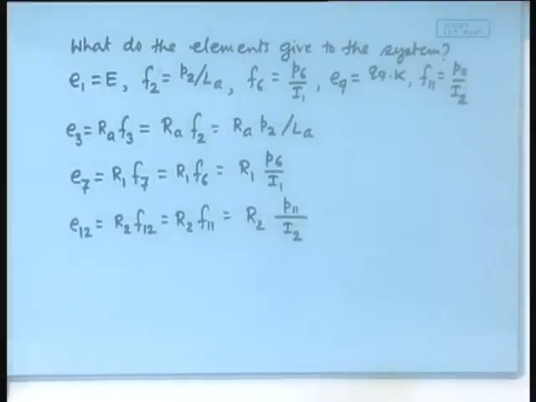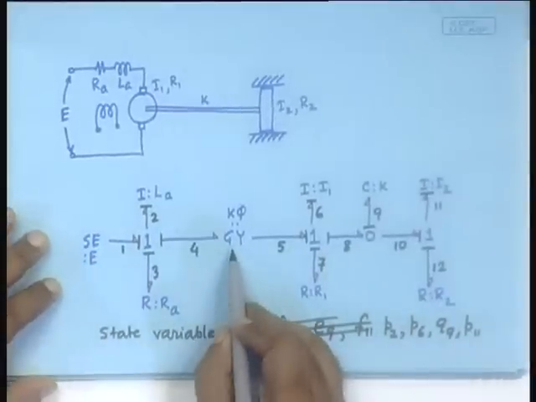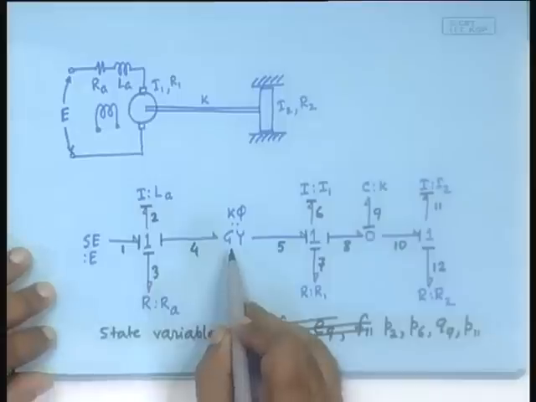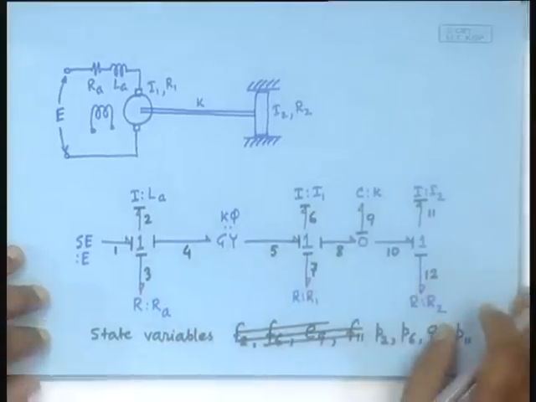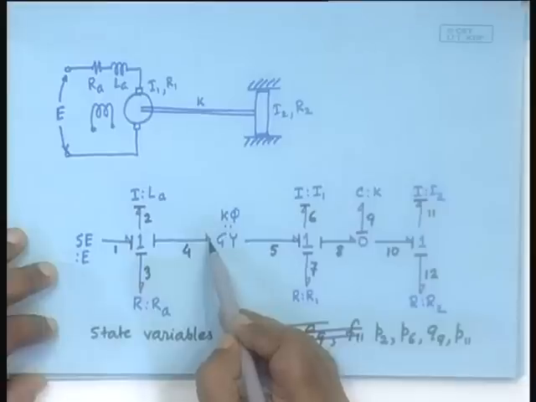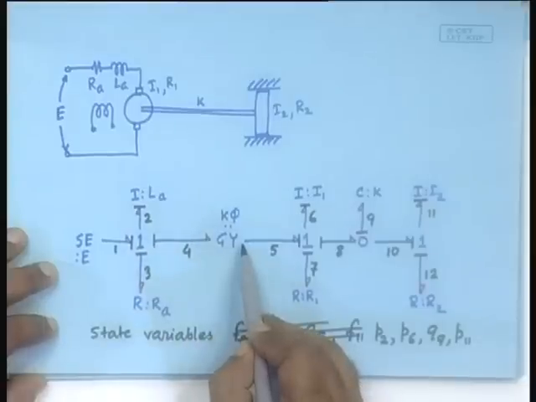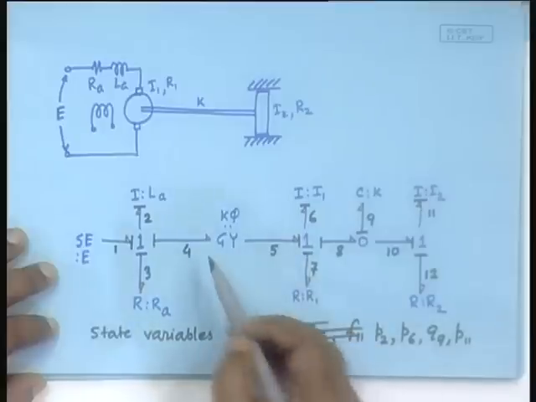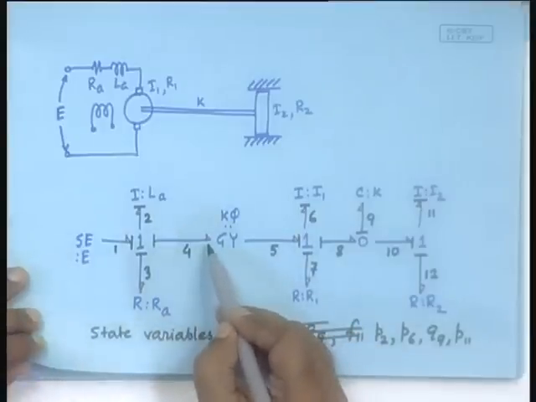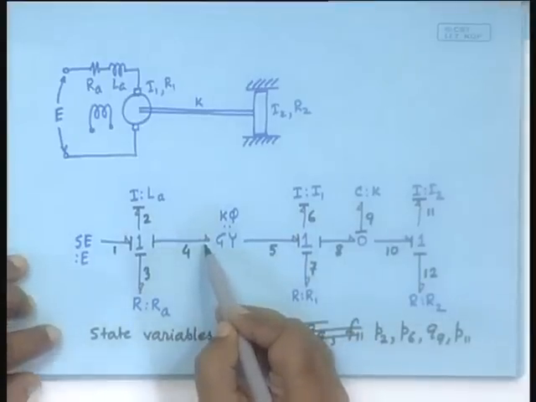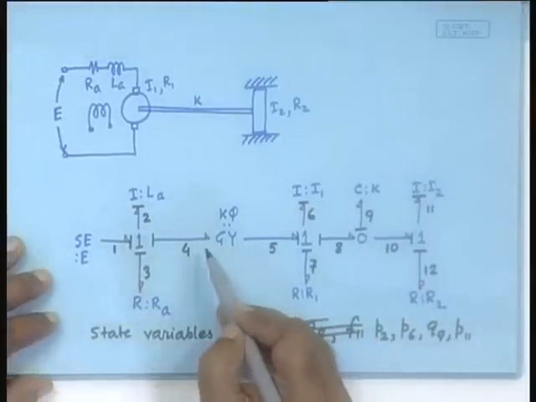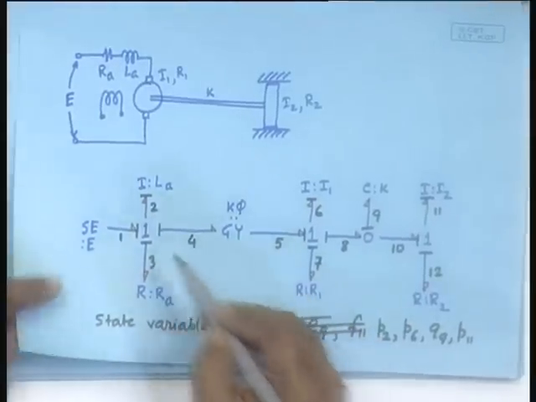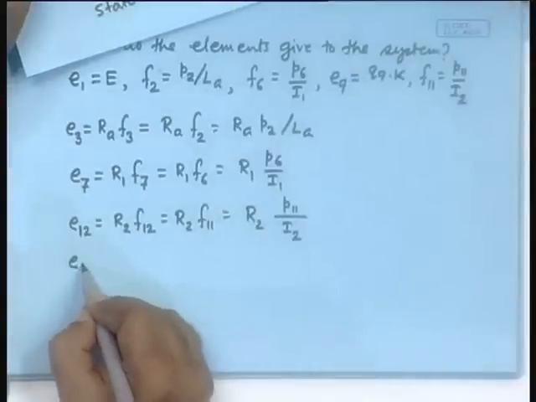We are happy. Have we obtained everything? No, not really, because the gyrator element also gives something to the two sides. Let us take stock of that. What does the gyrator element give to this side, and what does it give to this side? To this side it gives effort, E4.